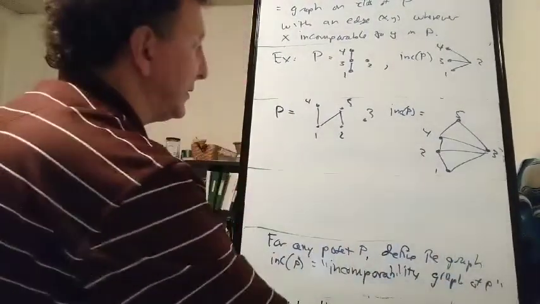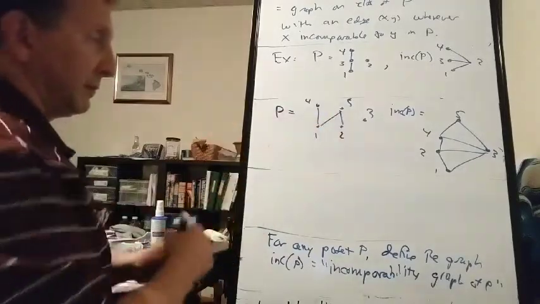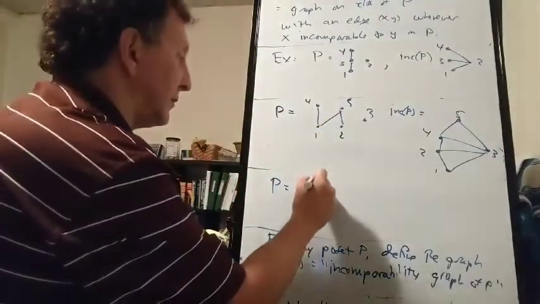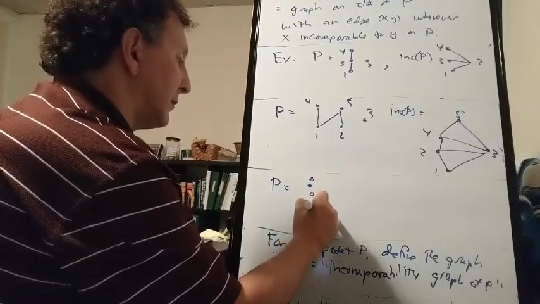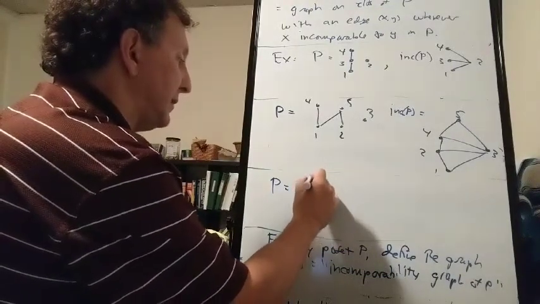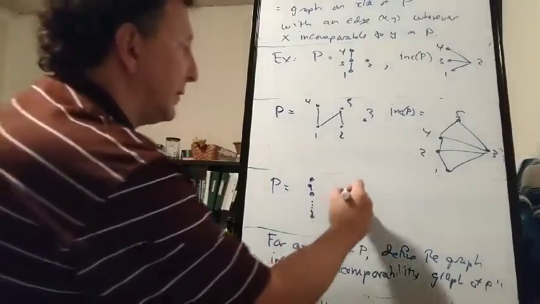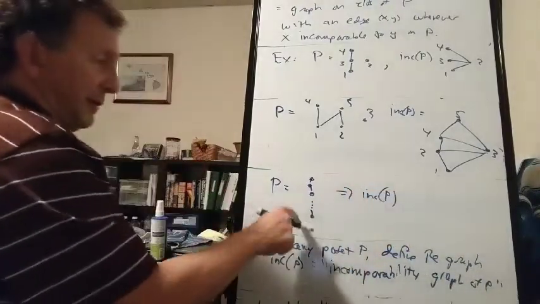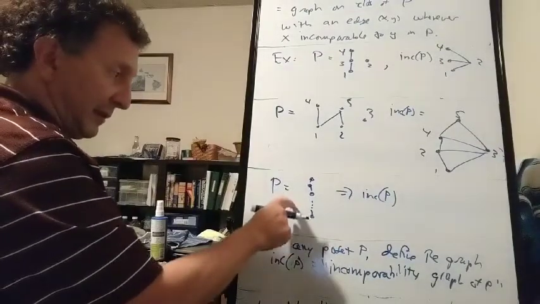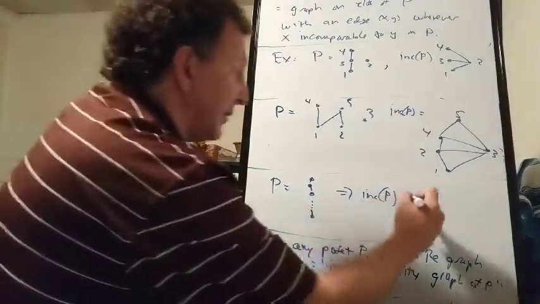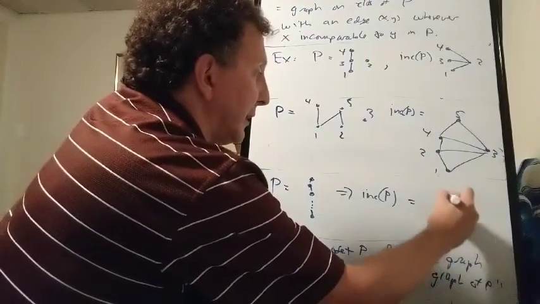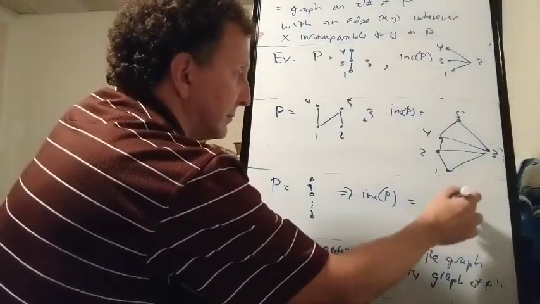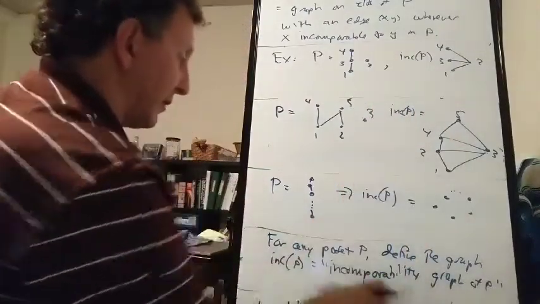And of course, when P is a chain or an antichain, we get interesting special cases. If P is a chain, then everything is comparable, one element is less than another, etc. So the incomparability graph has no edges, however many elements there are.